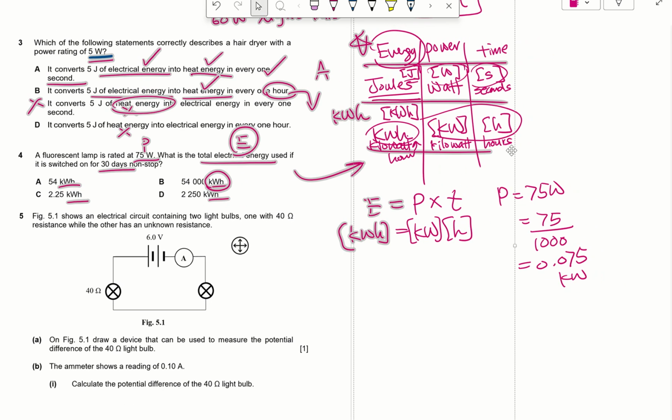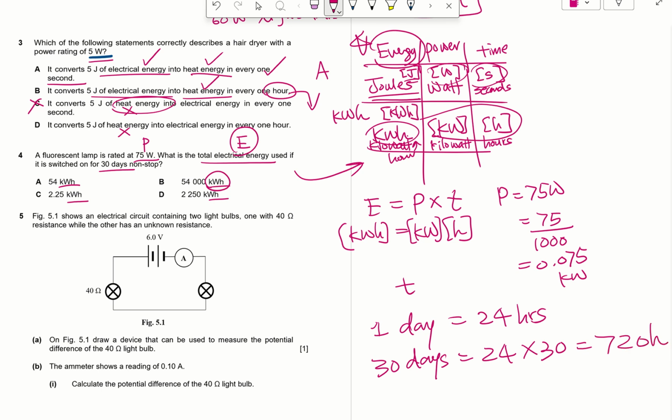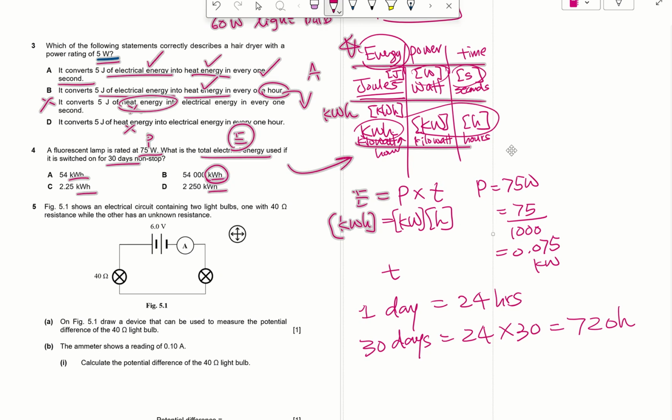Now the time, they just say 30 days non-stop. 1 day is 24 hours, so 30 days will be 24 times 30 hours. So I will get 720 hours. I want the time to be in hours, so I already have it in hours.